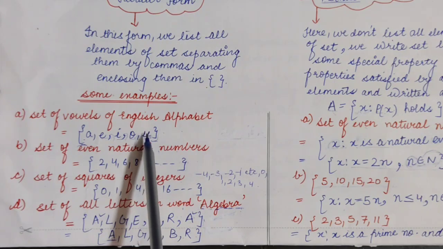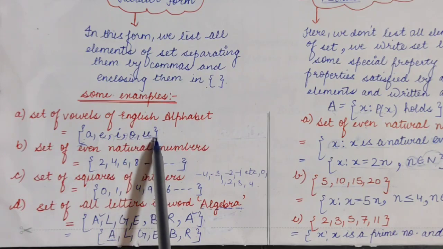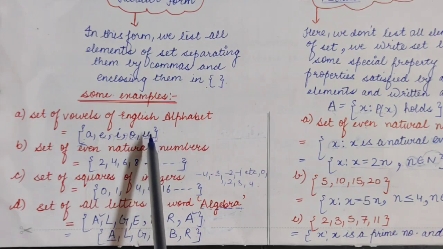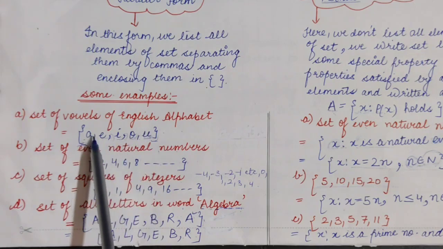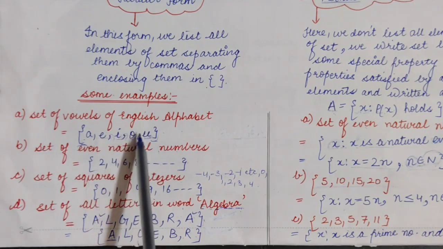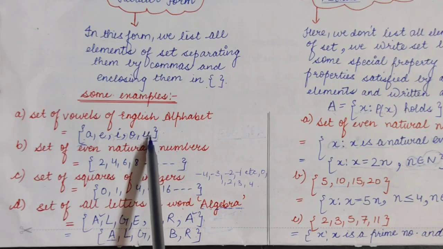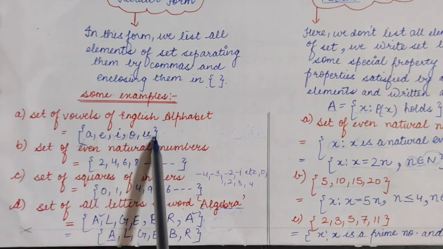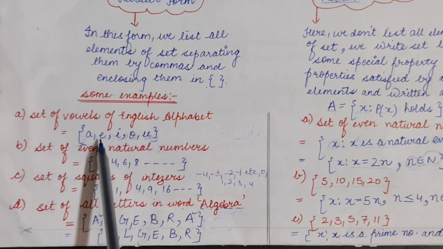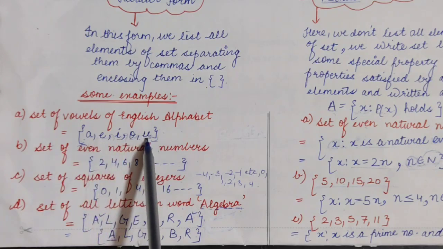Our first work is to write the elements into curly brackets, and our second work is to separate the elements by inserting commas. So we have done these two works and our roster form is ready.